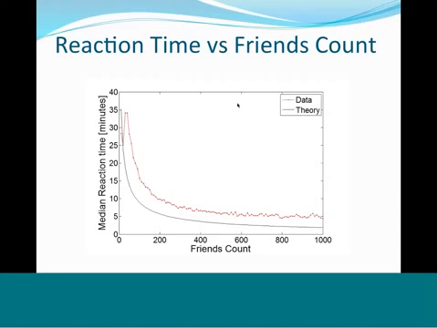My model predicts a faster median time than I see in the data, but only by a factor of 2. That isn't so bad for the very, very simple model I proposed. It is fitting in the right order of magnitude, and I've made very few assumptions about what's happening in the data. So that's our second non-trivial prediction: the more friends you have, the faster you're going to retweet, if you do retweet.